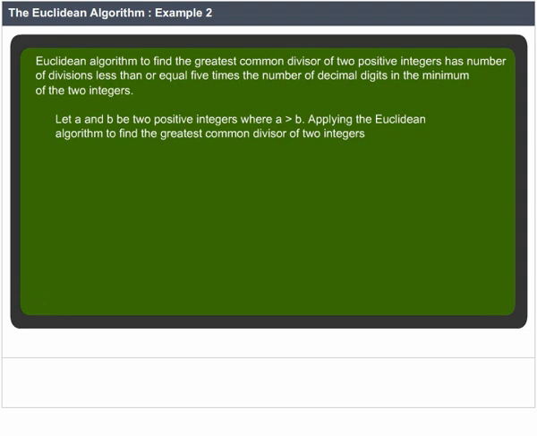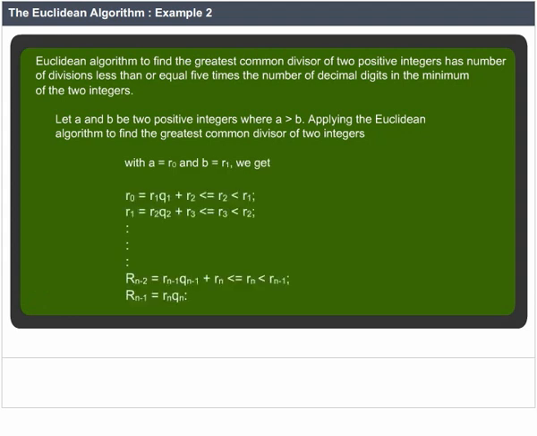Applying the Euclidean algorithm with a = r0 and b = r1, we get r0 = r1 q1 + r2, 0 ≤ r2 < r1. r1 = r2 q2 + r3, 0 ≤ r3 < r2, etc. Then rn−2 = rn−1 qn−1 + rn, 0 ≤ rn < rn−1. Then rn−1 = rn qn.